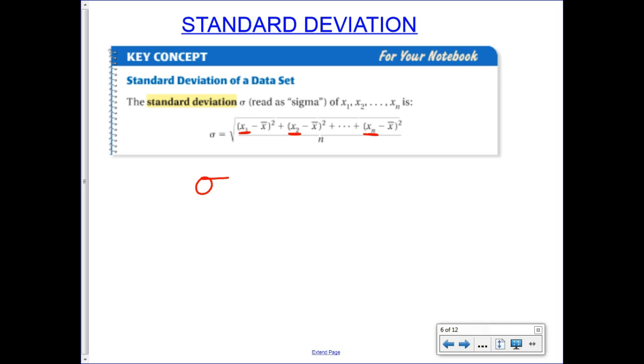Those are the numbers that would be plugged in there. We divide by the number of numbers. But on each of these, we're subtracting x bar, and x bar is just the mean. So we take the data point, subtract the mean, and then square that value. Plus the next data point, subtract the mean, square that value.